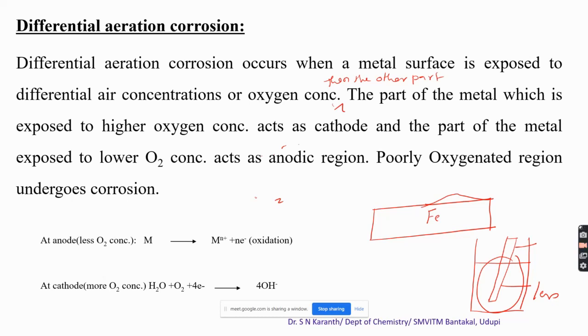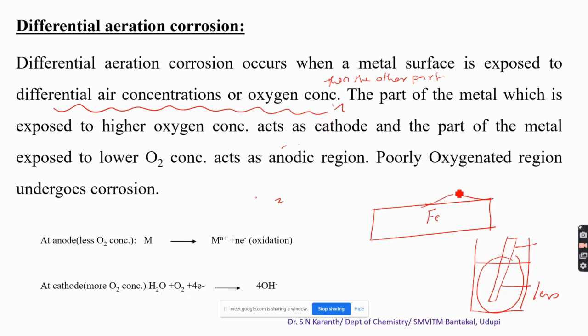That type of corrosion we call differential aeration corrosion. It occurs when a metal surface is exposed to differential air or oxygen concentration, that is, one part of the metal is exposed to more oxygen than the other part.